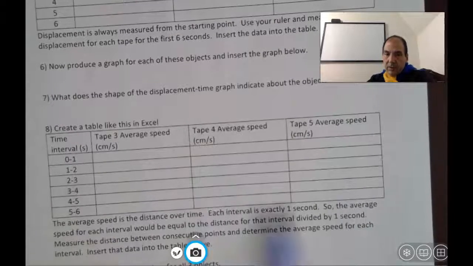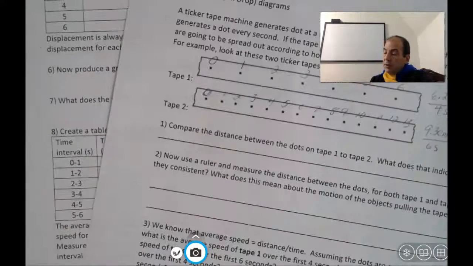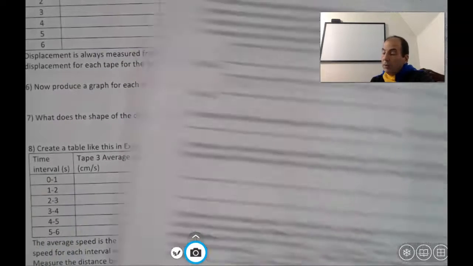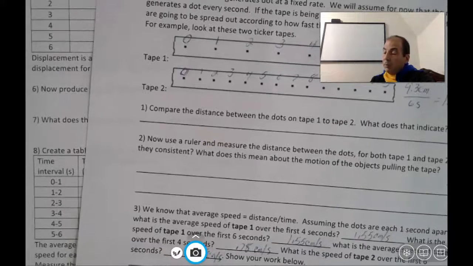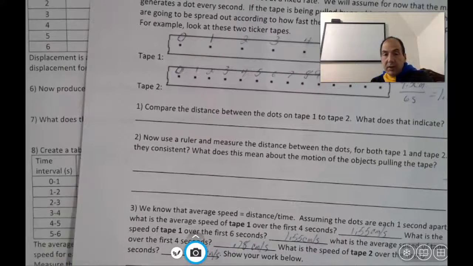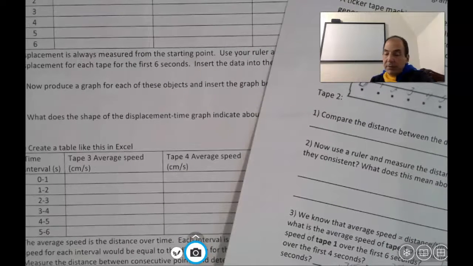Then you're going to come down here, and instead of measuring the distance from 0 to 1, 0 to 2, 0 to 3, you're just going to measure the distance between consecutive points. So from 0 to 1, and then from 1 to 2, and then from 2 to 3, etc., all the way up to 5 to 6. Now, really it's saying figure out the average speed.